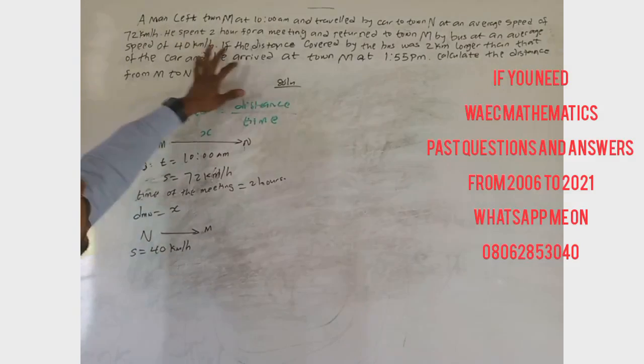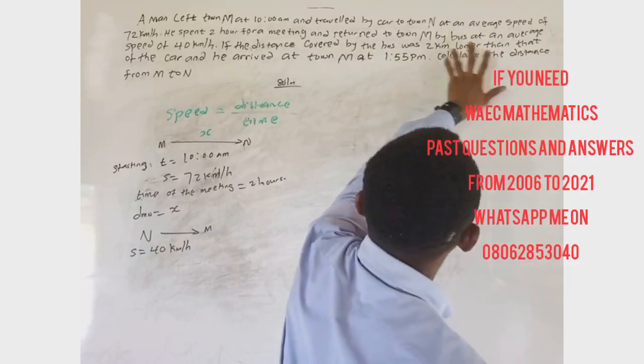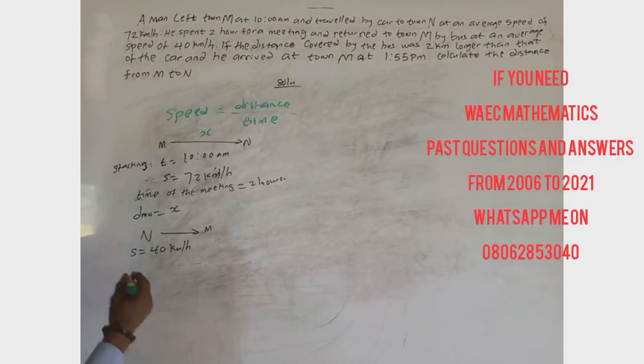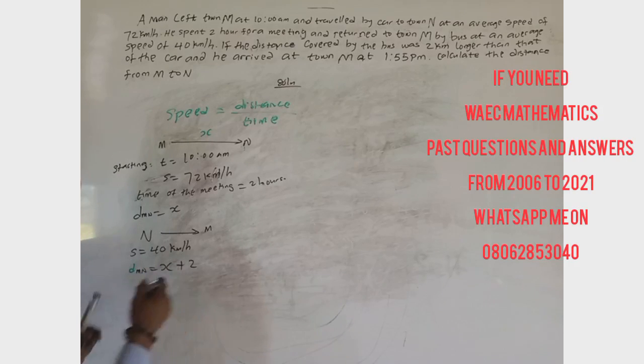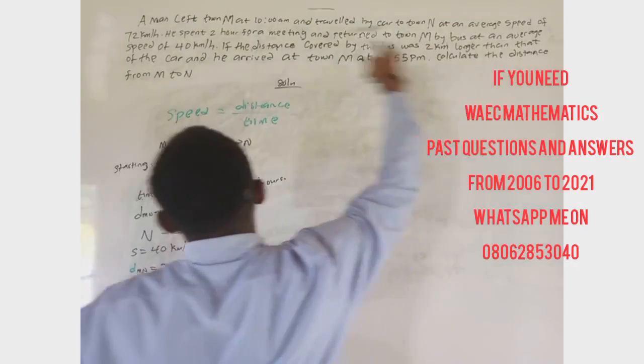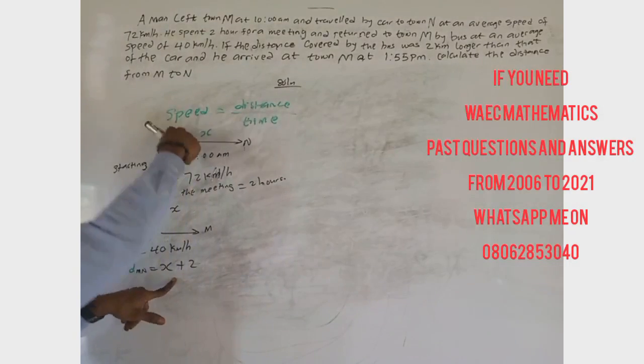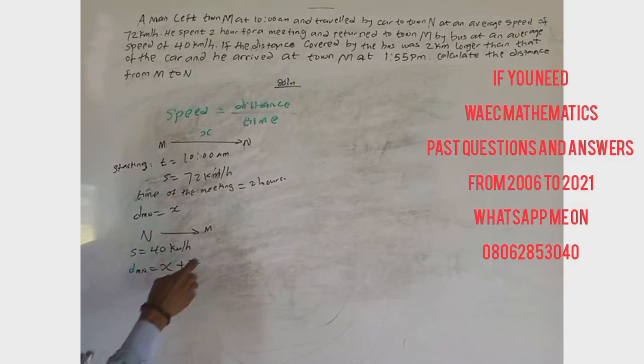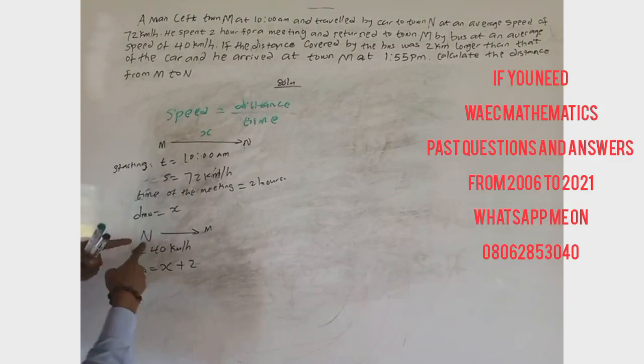If the distance covered by the bus was 2 km longer than the car's, that means the distance from N to M is 2 km longer than the first journey. So we have S plus 2. You add it together, and that gives the actual distance we move from this end to this end.